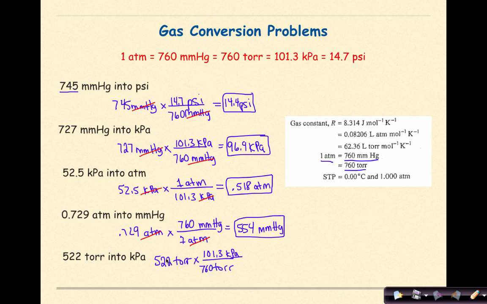And don't shortcut here. Make sure that you label and then your units cancel down and to the right. So when we work this out, 522 times 101.3 divided by 760 will give me 69.6 kilopascals. Always important to label, always important to cancel your units.